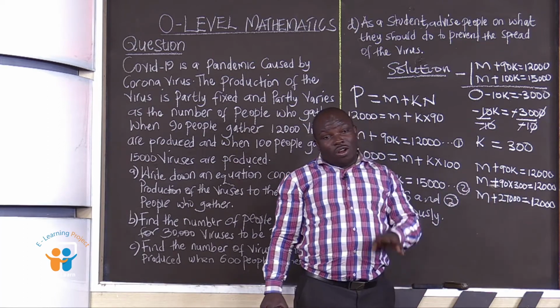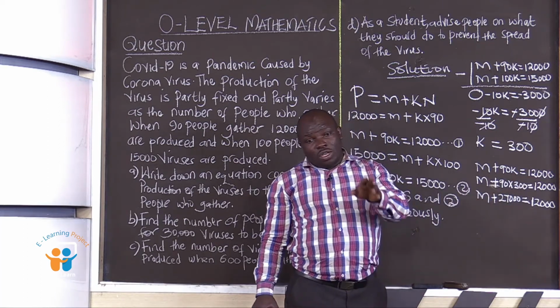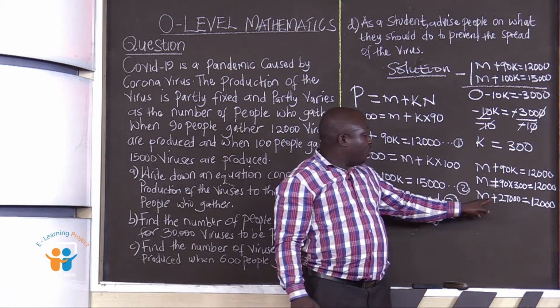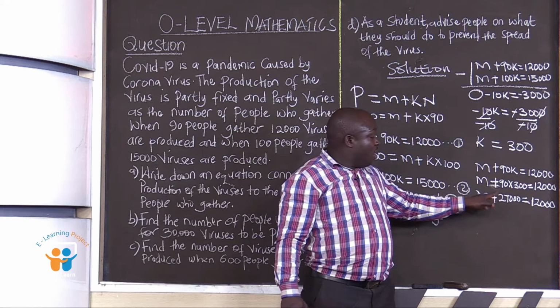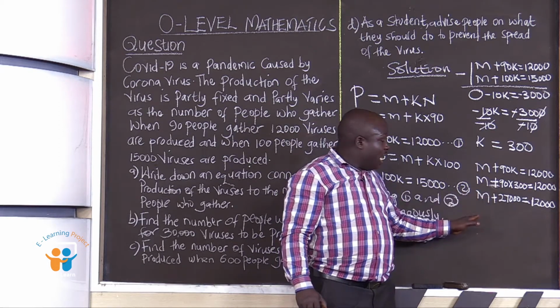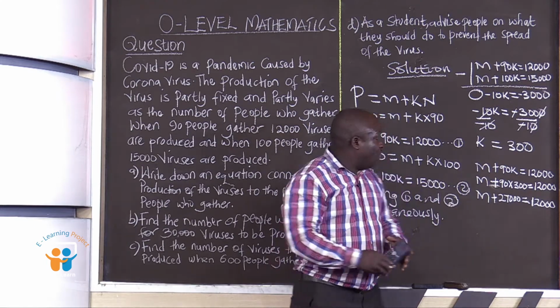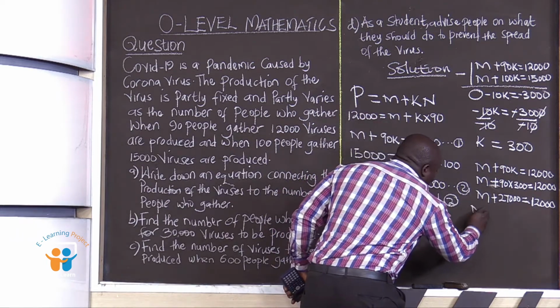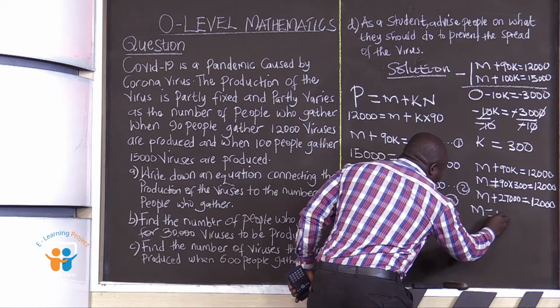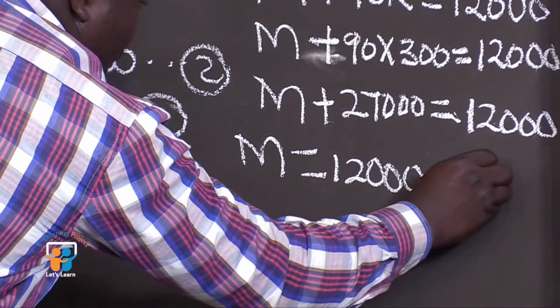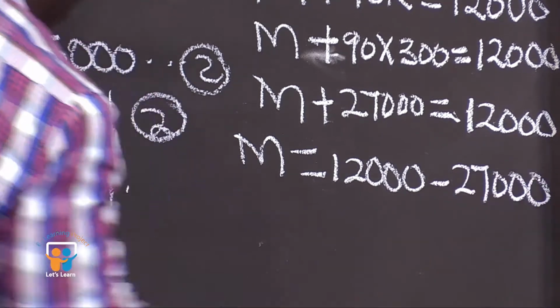I believe we all know that when a number crosses the equal sign, it changes the sign. If you have a positive 27,000, when it crosses from the left-hand side to the right-hand side, it will change to a negative. So we shall say M equals 12,000 minus 27,000. What is it?